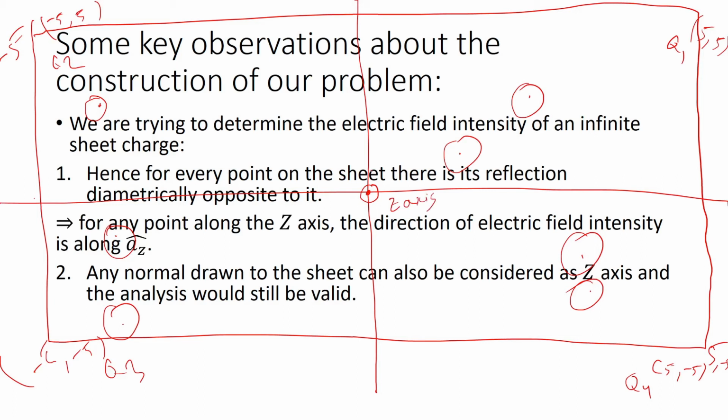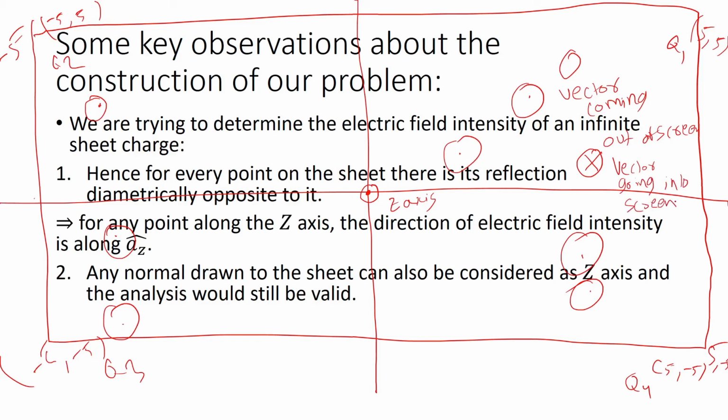I hope that you know that a circle with a dot represents a vector coming out of screen, right? And a circle with a cross, or into sign, is a vector going into screen, right?